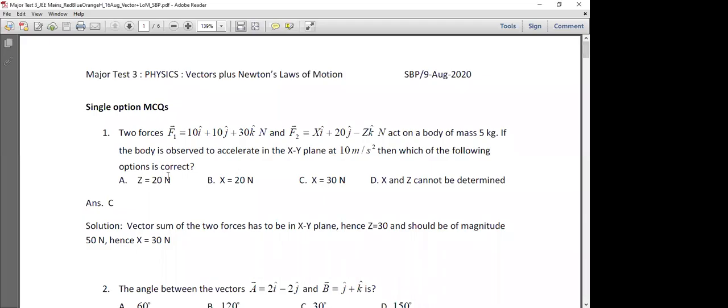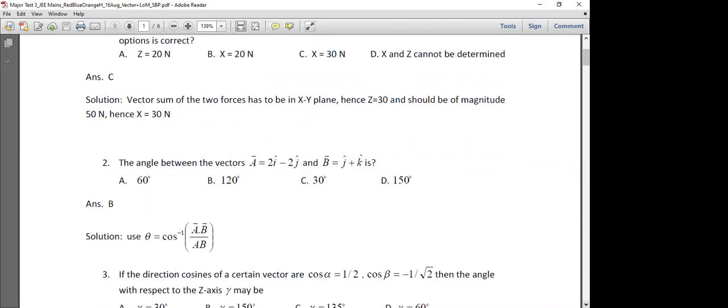The first question is, I think, simple enough. It is to do with forces, but it's very simple. You have to just find F1 plus F2 first and then apply the condition that is given. So I don't think you should have any difficulty with this.